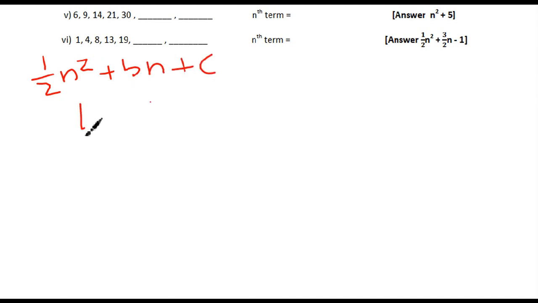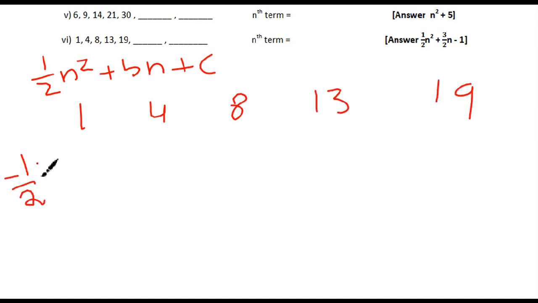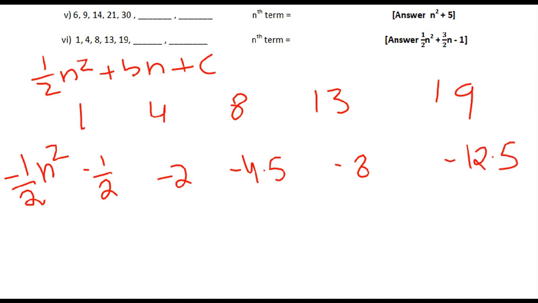To find the values of b and c, you rewrite the original sequence first, and subtract half n square from it. So the first term is minus half, the second term will be minus half times 2 square, which is minus 2, then minus half times 3 square, which is minus 4.5, then minus half times 4 square, minus 8, and then minus 12.5.